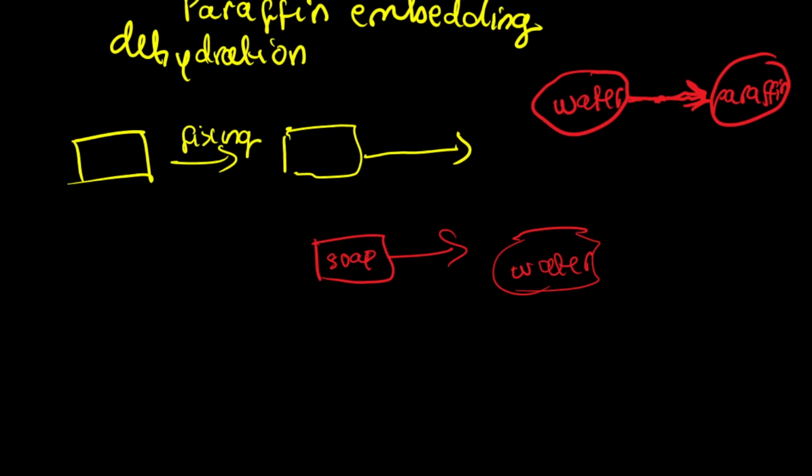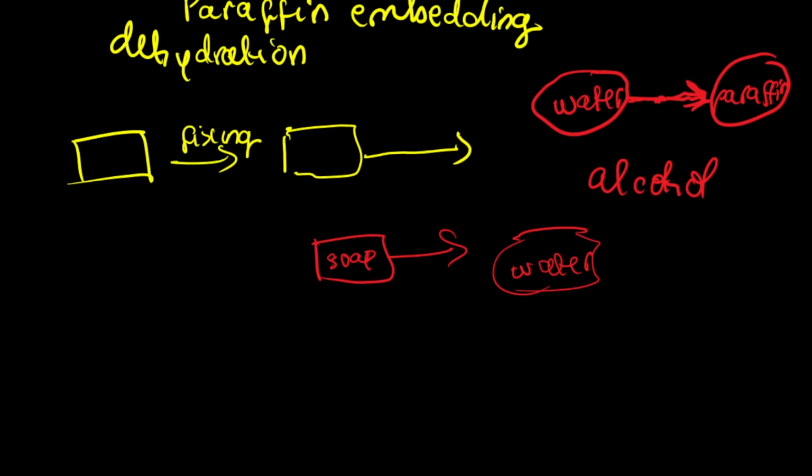Now, what happens in dehydration is that the tissue block is drenched in alcohol. Okay, now because alcohol is soluble in water, it's able to replace all of the water in the tissue block with itself. So all of the water in the tissue block is replaced with alcohol in the dehydration technique.